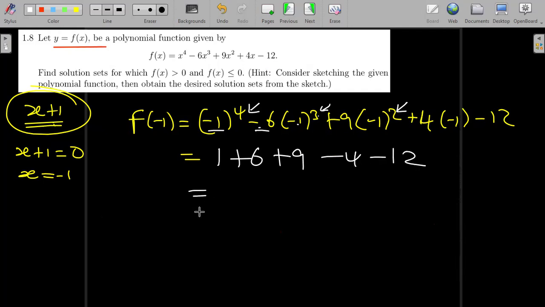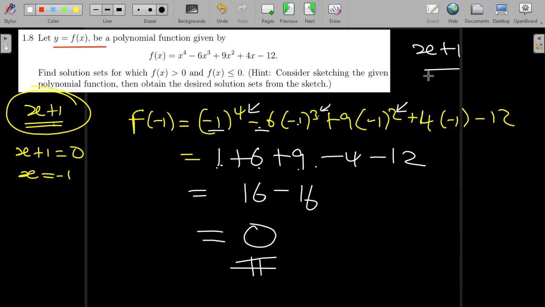So does this give us a 0? So we try to add. This plus this is going to give me 16. So 1 plus this 16 minus 4 minus 12, it's also 16. Okay, so this one works, so it's equals to 0. So we have established that x plus 1 is a factor of this.